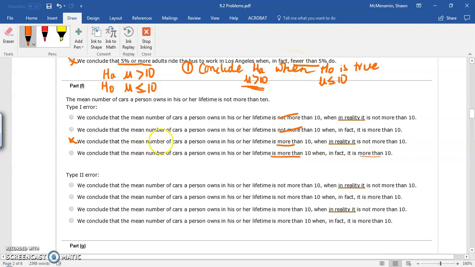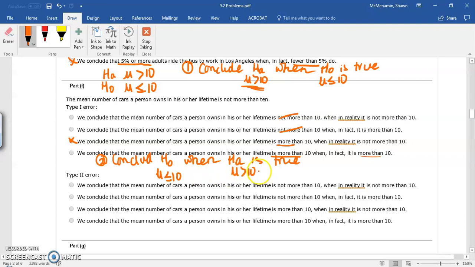A type 2 error would be to conclude H naught when HA is true. And what that means is you're failing to reject the null when the null is false, and that's why you're favoring the alternative. So concluding the null is mean less than or equal to 10 when the mean is greater than 10.